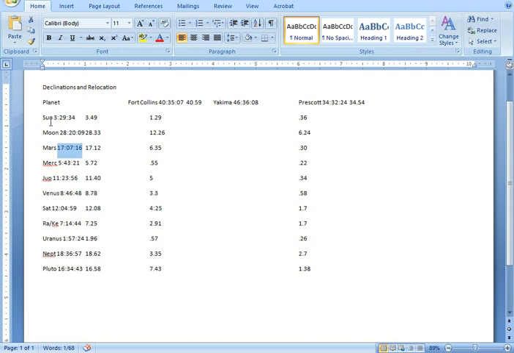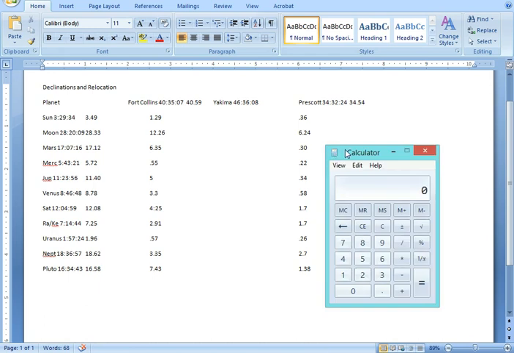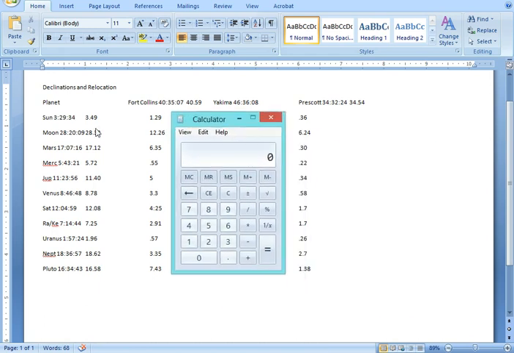As I mentioned, because it is difficult to work with degrees, minutes, and seconds in calculations, it's easiest just to convert that to the decimal equivalent, degrees and decimals. So again, to do that, so you can actually see it, the Sun is 3 degrees, 29 minutes, and 34 seconds. So we have to turn 29 minutes, 34 seconds into this decimal of 0.49. So how do we do that?